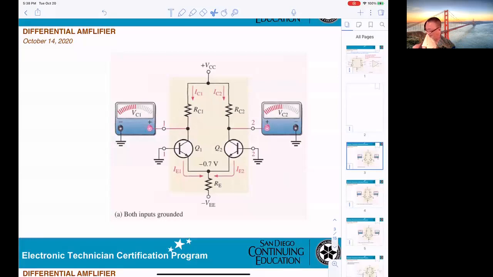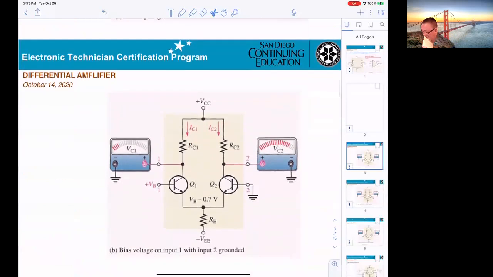So on this one, they route the input of Q1 and Q2 to ground, and they use the meter to measure, and you see the voltage will be the same. Both inputs will be grounded, okay?